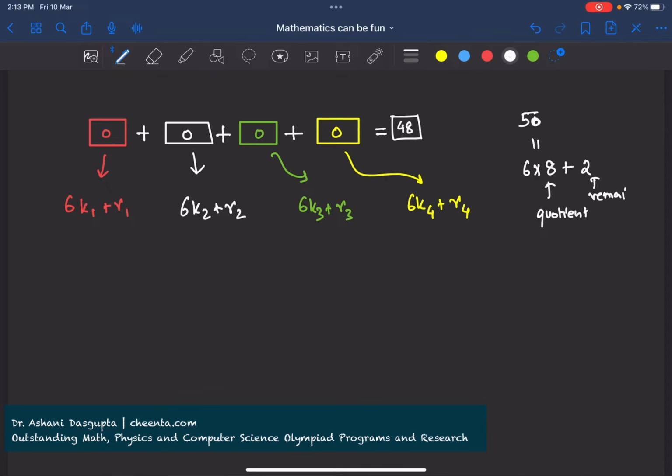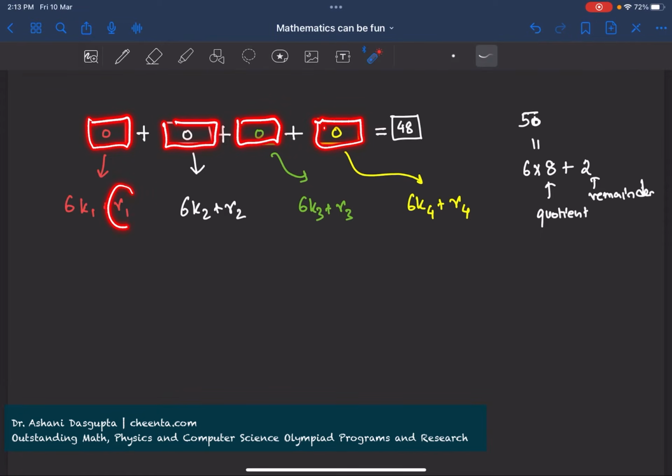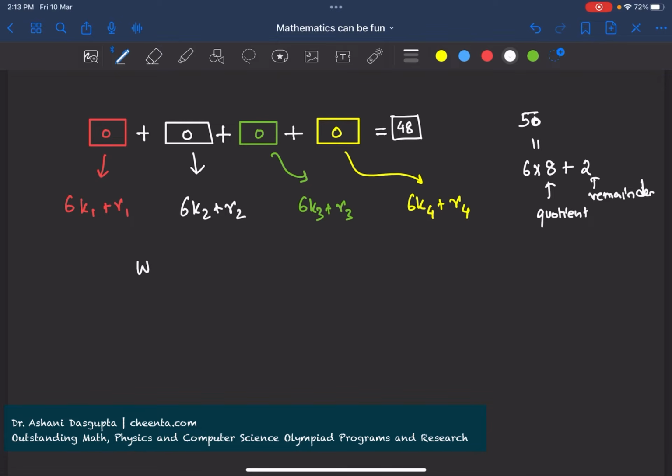So I can do that for any number, so I can definitely do that for the number of balls in each of these boxes. Now this will be helpful because now I can demand that these remainders are all different. Let me write that. We want the remainders to be different.